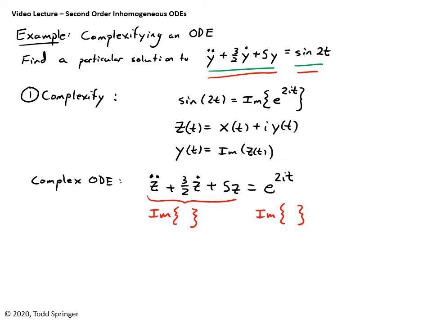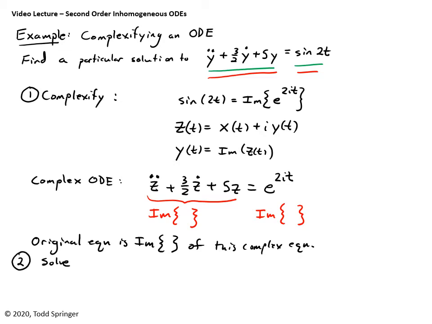So my original equation is the imaginary part of both sides of this complex equation. So my plan is now to solve for z, which should be easy because I've changed it into exponentials on this side. And then at the end of the day, I will take the imaginary part to get back y. Okay, let's solve it.